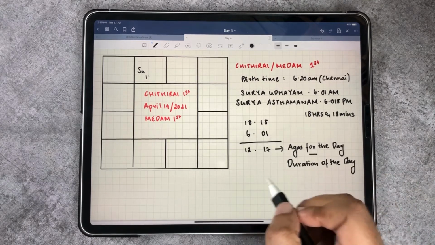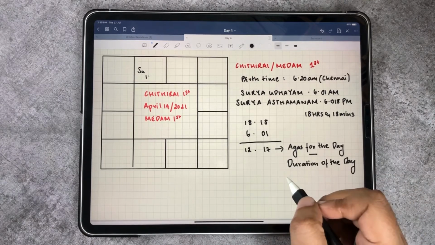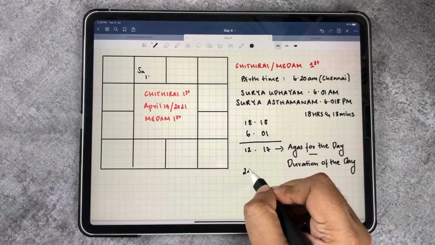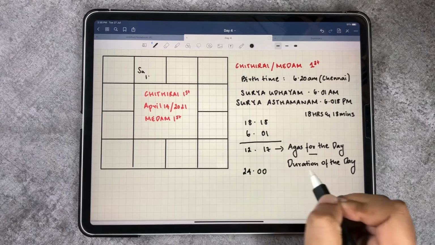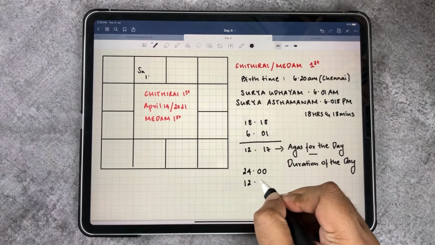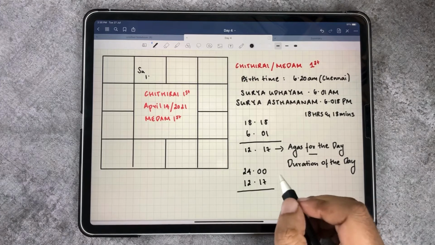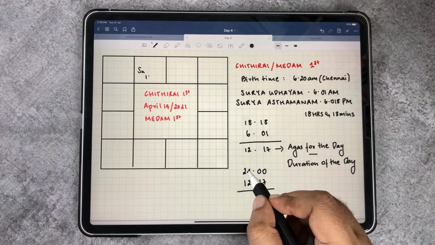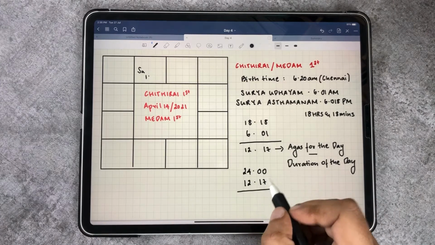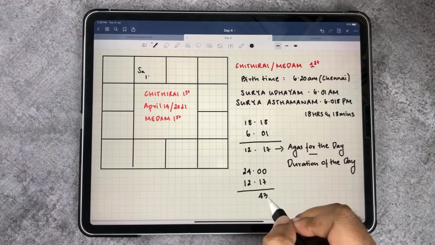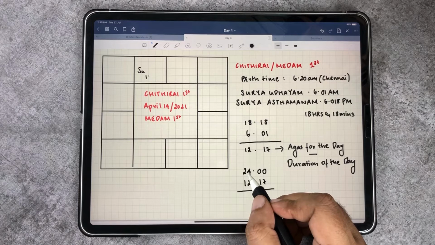Now you need to find the duration for the night or the Agas for the evening. So what would that be? So you have 24 hours. In that, you minus the Agas for the day, which we have from here. And what would you have in 24 hours? You give 60 minutes here. So you would have a 43. Here there is only 23 hours remaining.